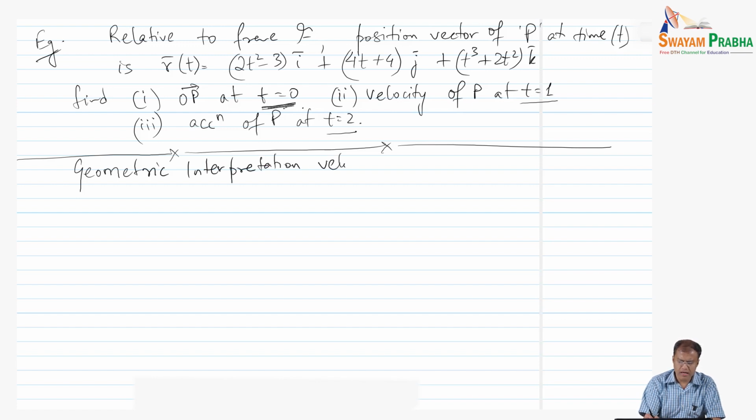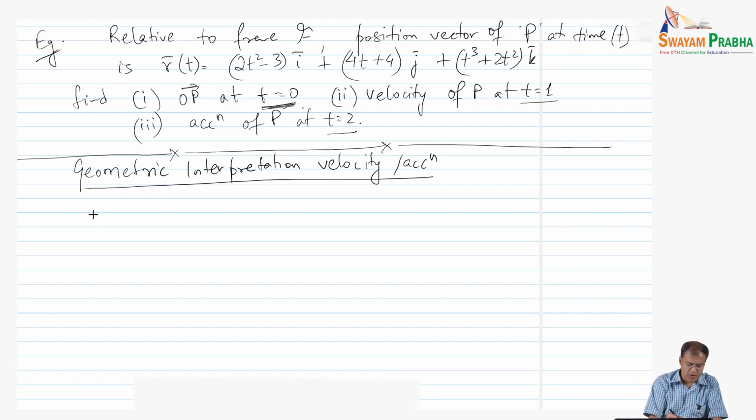So let us see what we mean by that. We have defined our instantaneous velocity to be dr/dt, t being the scalar parameter, typically time. Suppose now we introduce a new parameter, the arc length.